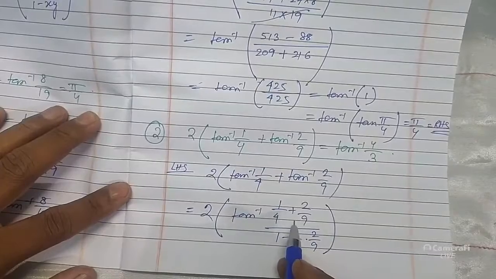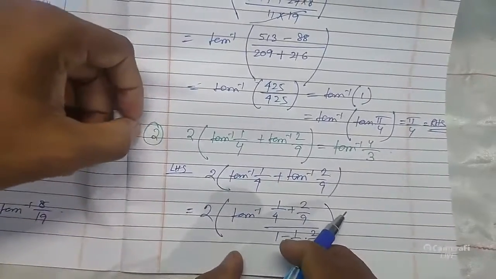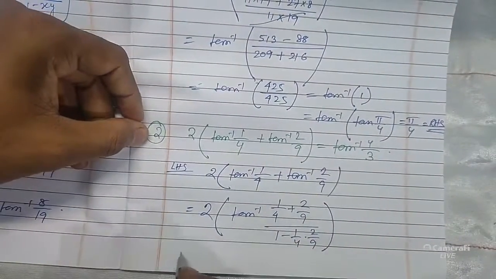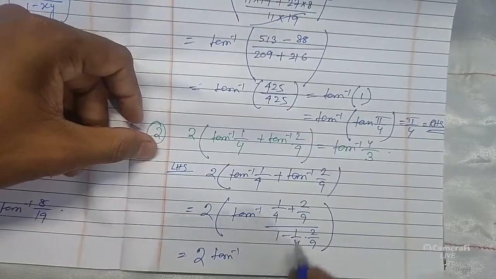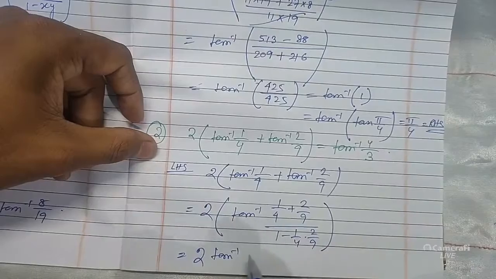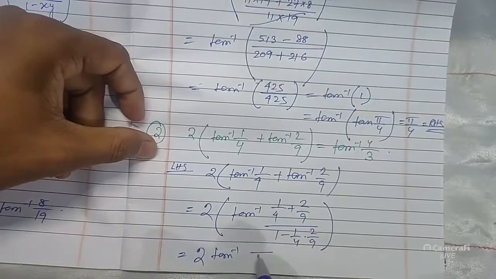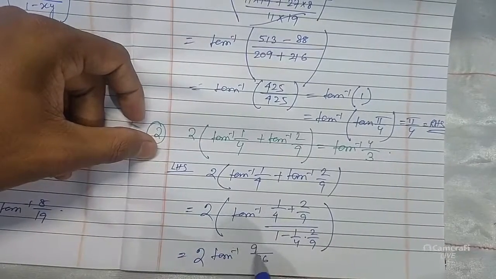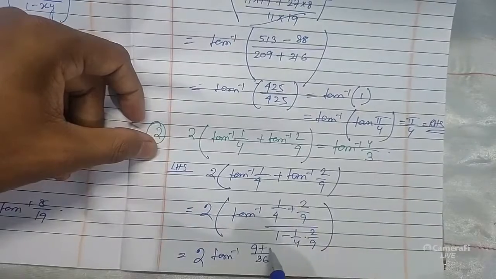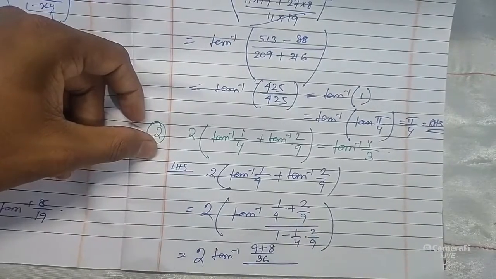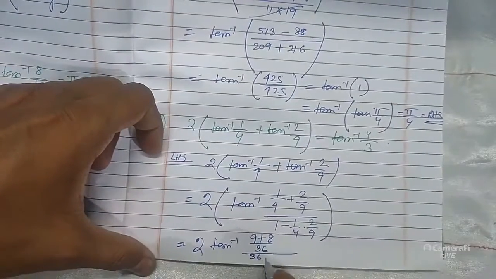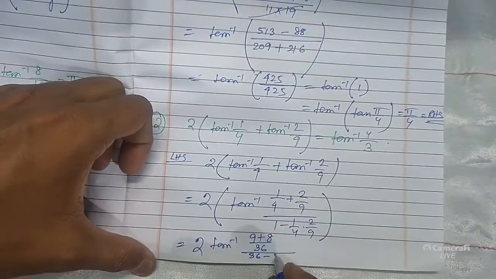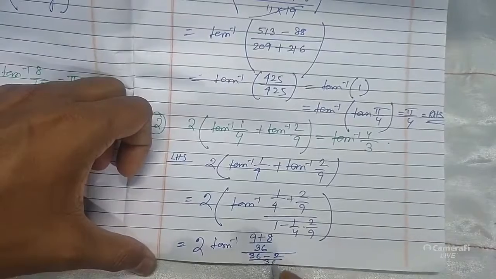So here if we solve, we will get 2 into tan inverse 9 plus 8 by 36 divided by 36 minus 2 divided by 36.